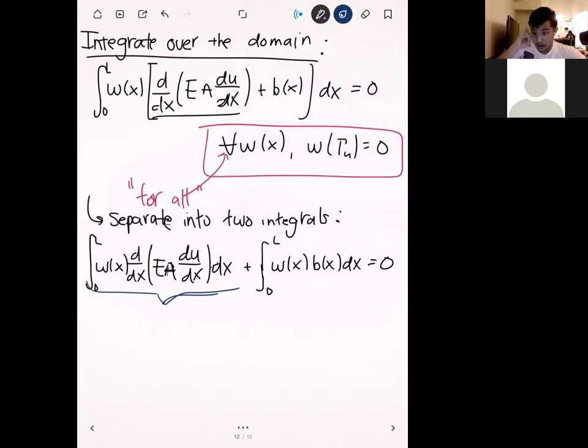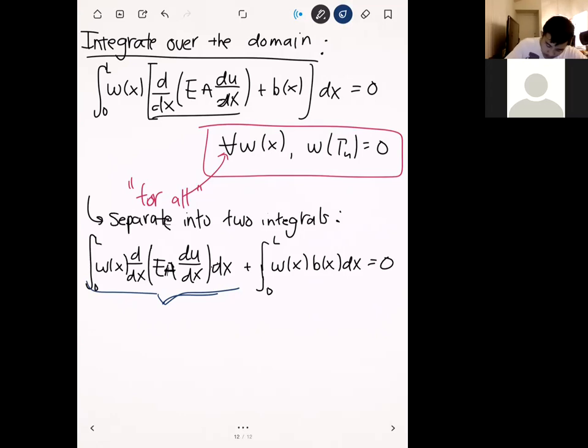And so one thing I want you to notice on this first term is that we basically have two functions of x, ignoring E and A. E and A are just properties, so they're just along for the ride. But in terms of functions, we have a w of x and we have a u of x.